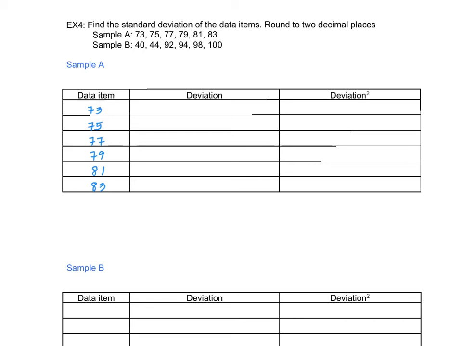So first of all, I need to find the mean so that I can find my deviations. So our mean would be equal to add all of these up, the 73 plus the 75 plus the 77 plus 79 plus 81 plus 83, and then divide by 6.